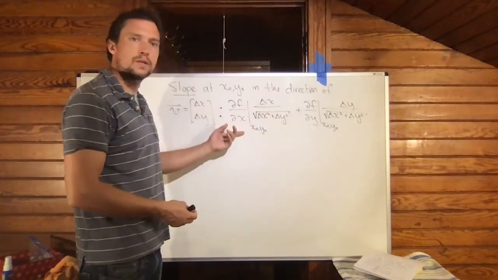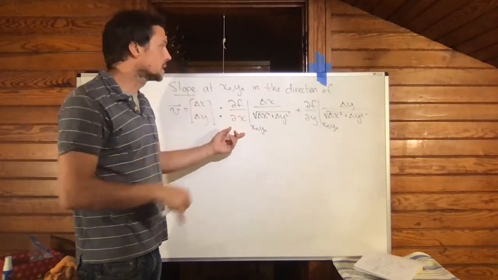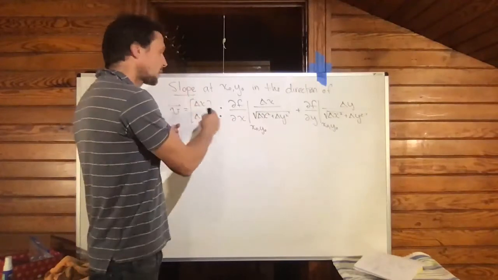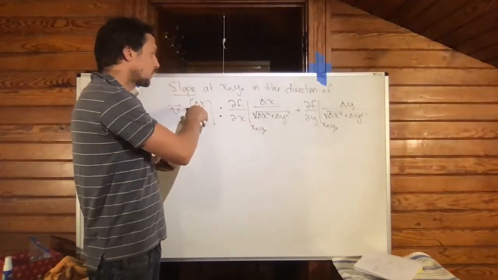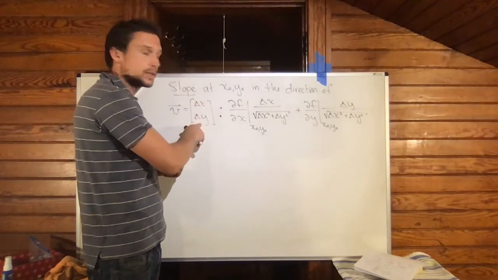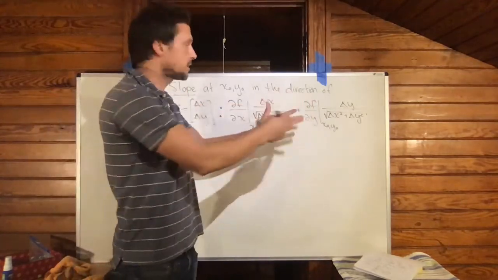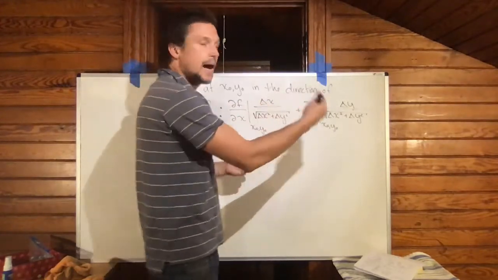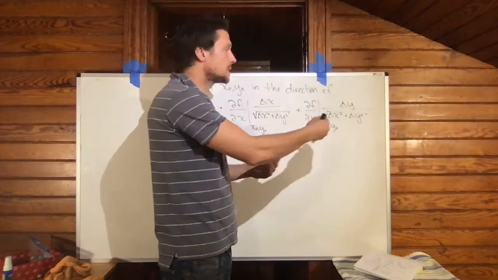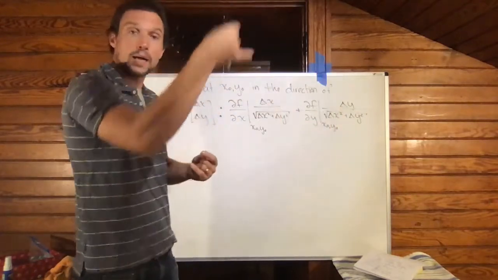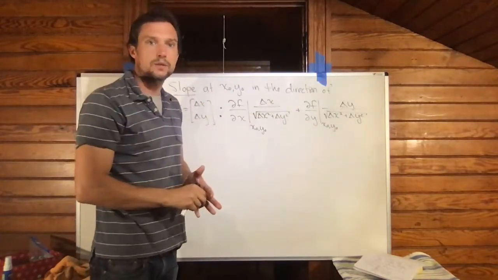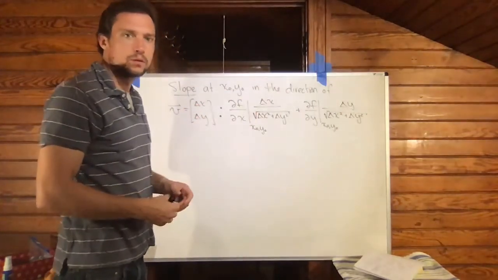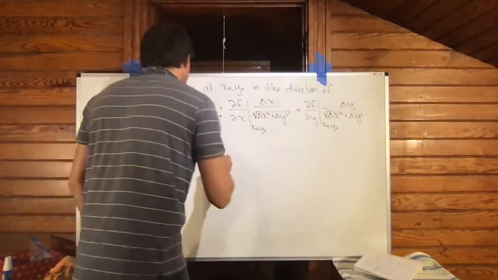It's the partial derivative with respect to x at that point times this x step divided by the total length of v, so the square root of delta x squared plus delta y squared. Plus the same thing for y. So the partial derivative with respect to y, at x0, y0, times my y step divided by the length of the vector v. Everything that I've written here is a mouthful. And so what this is called is the directional derivative.